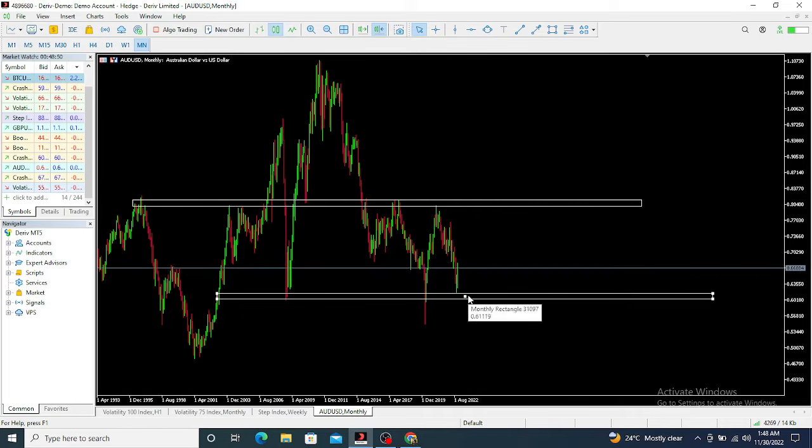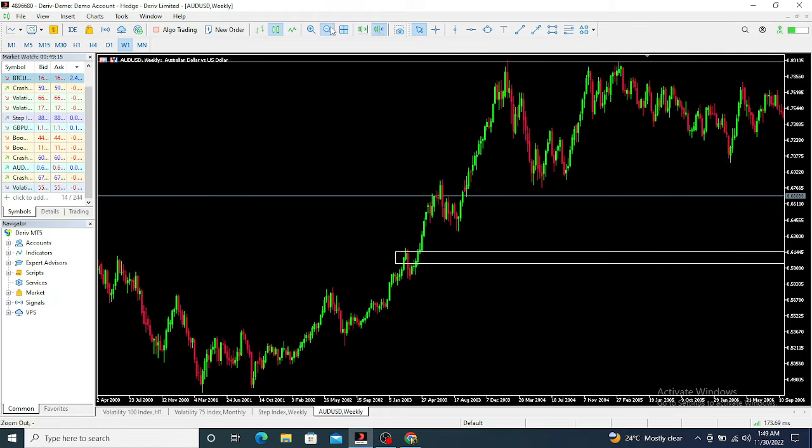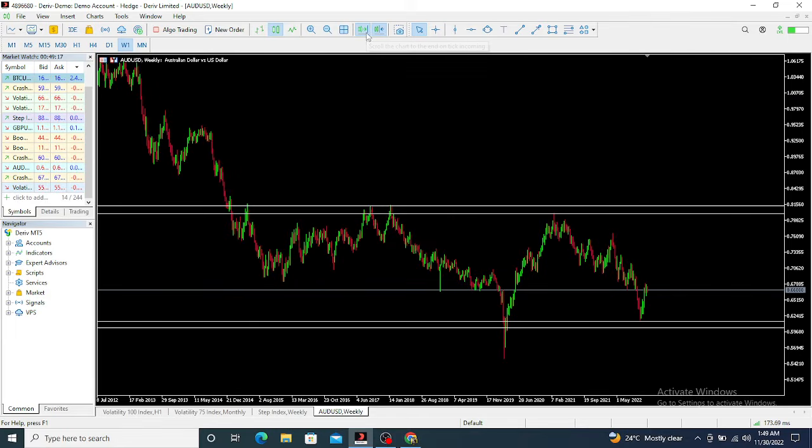Okay, so let's see if we can find another area here on the monthly time frame. Not really clear ones. I think this place is an area, but for us to have a perfect key level, we scale down to our weekly time frame.